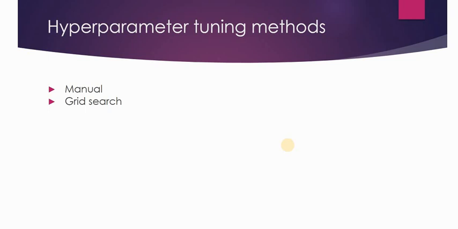So each and every permutation combination of the hyperparameters which we specify in that grid will be taken out, and for all the possible combinations, separate models will be developed, and the best performing model's parameters will be taken out. Hence this is an inefficient method, but still it works.